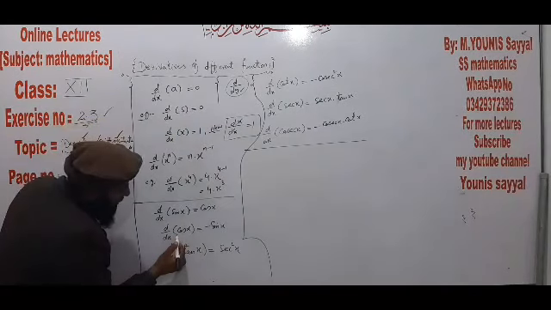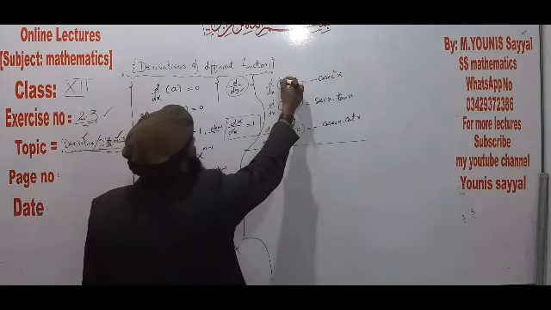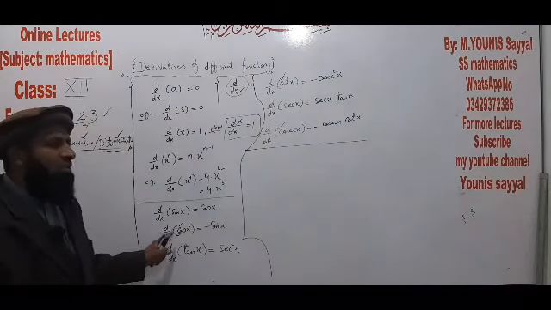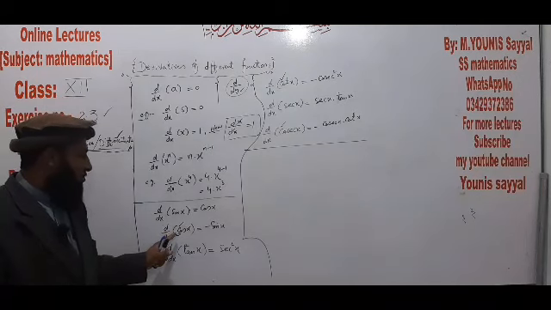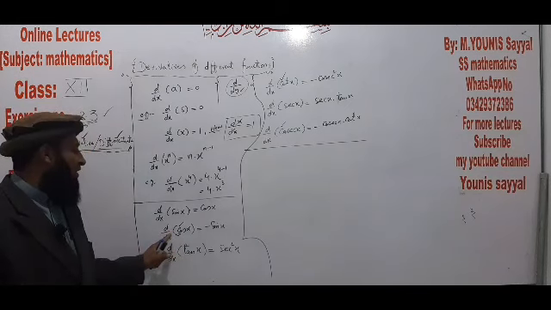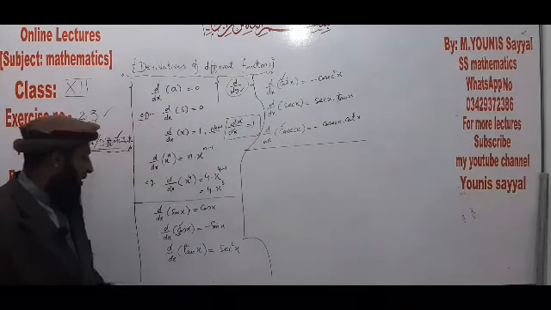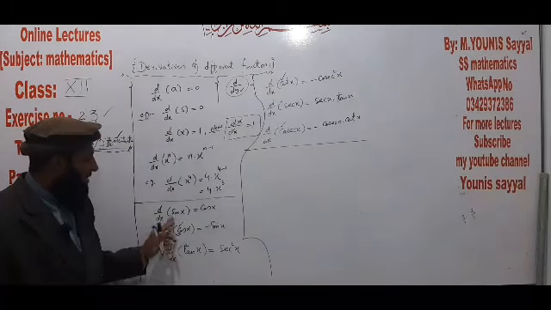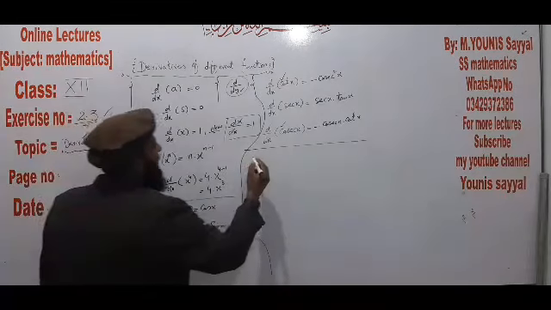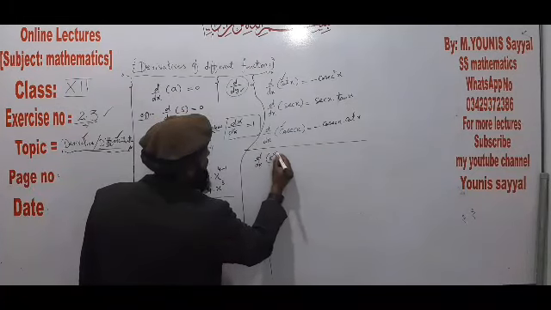The trigonometric ratios whose names start with C, cos, cotangent and cosecant, have negative derivatives. And those which do not start with C, like sine, tangent and secant, have positive values. So learn this point.